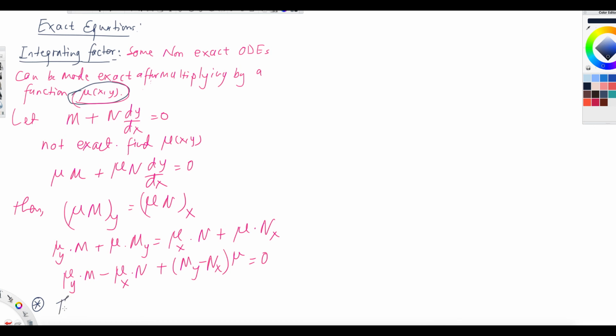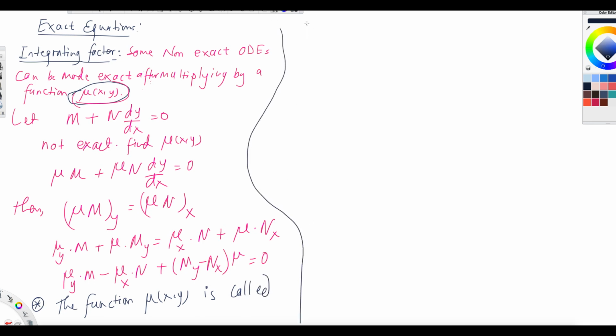So the function mu(x,y) is called an integrating factor for the exact equation, and it is not unique.